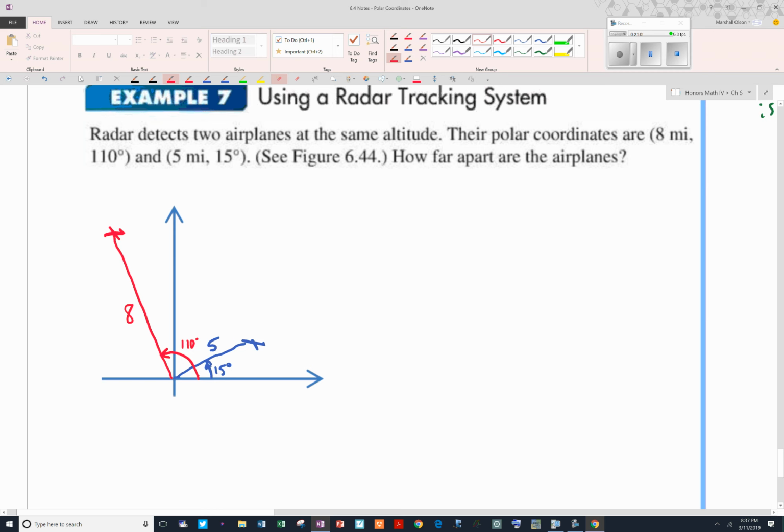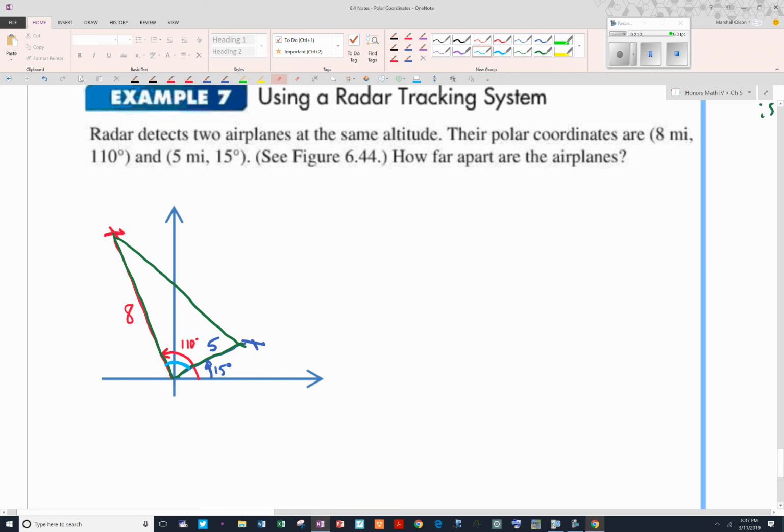How far apart are the airplanes? Well, what are we going to use here? We've got a distance of 8, a distance of 5, and we are looking for this distance right here. We have a triangle, and we can easily find the angle in between those two.